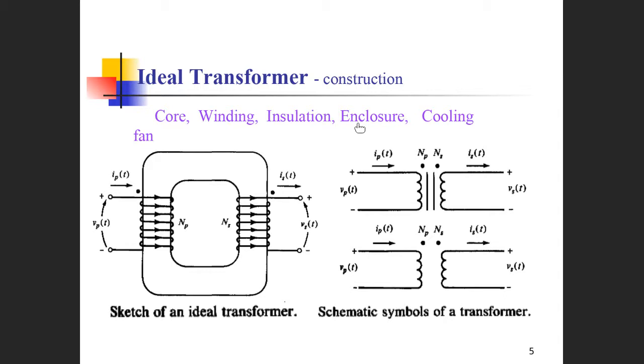So that's why for transformers, and later for motors, we use steel or iron materials, rather than copper or other metal materials, as enclosures. Now you understand? Do not use copper.